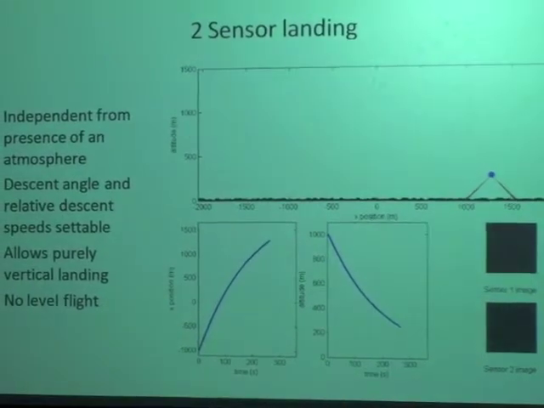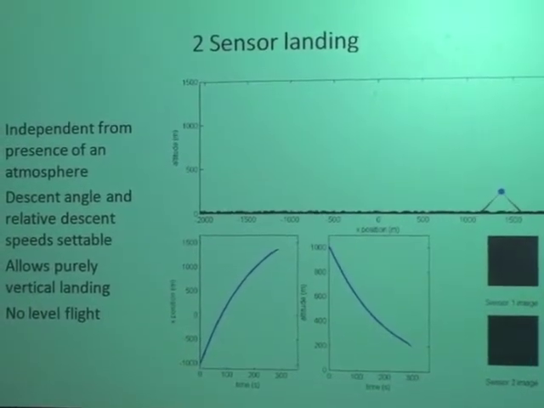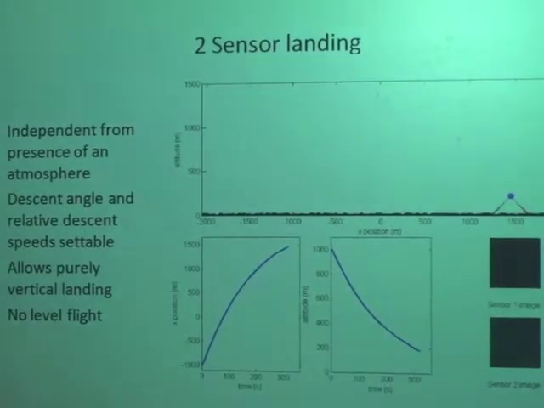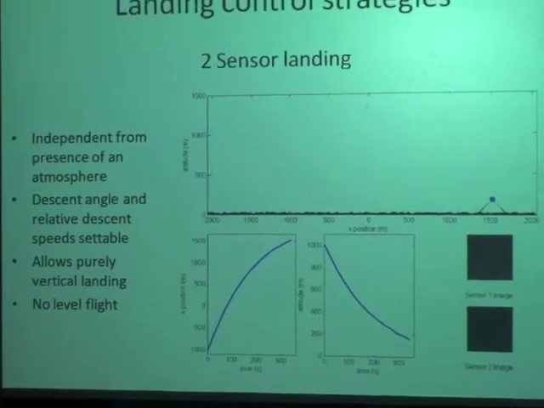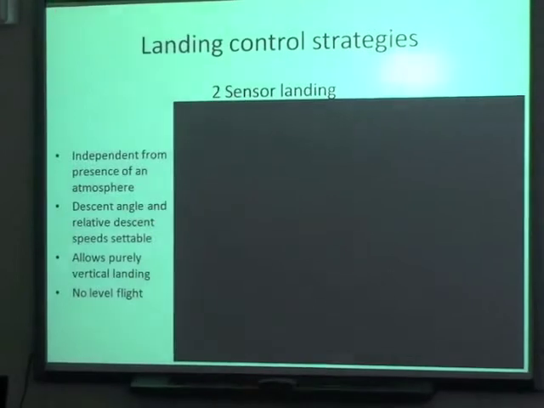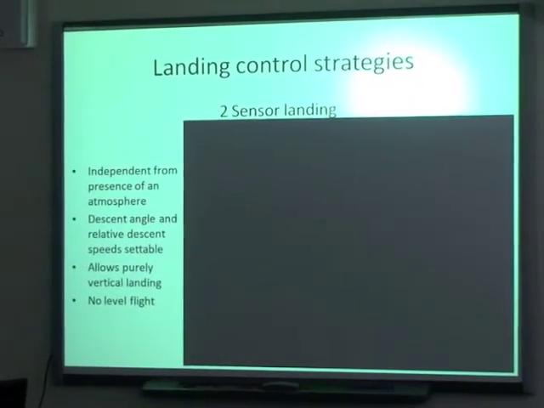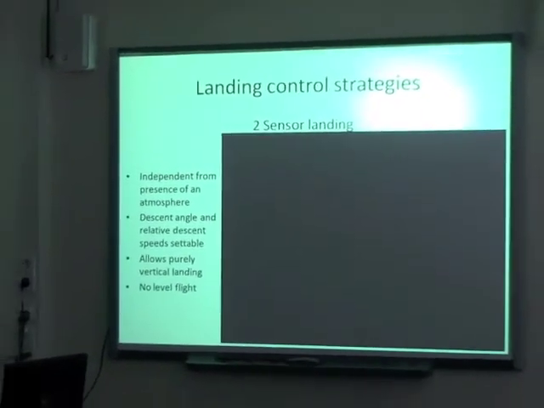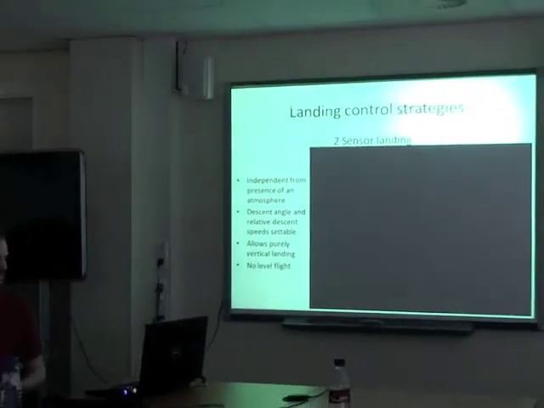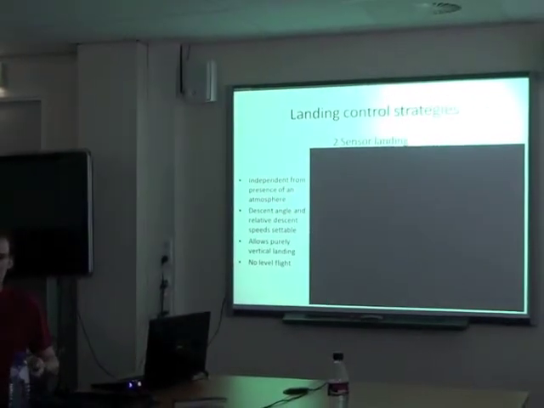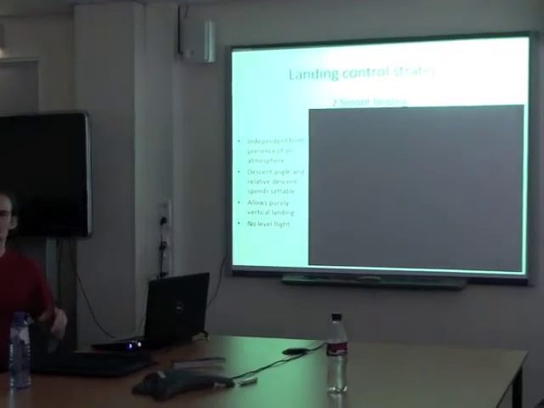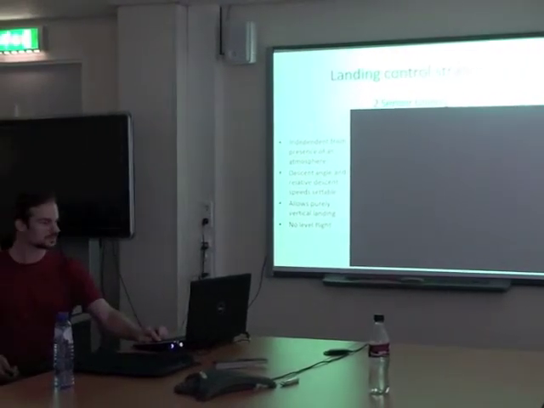And this model also allows a purely vertical landing, which the other one doesn't. So starting from these simple models and the linear chip, the outlook is going to be to try to put this sensor on some robotic platforms and start playing with them, plus trying to build sensors which are able to sense 2D optic flow and not only linear ones.